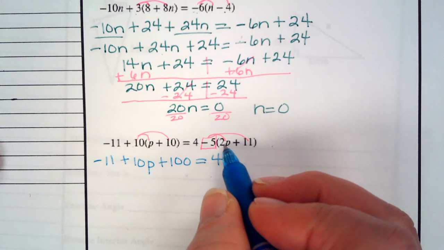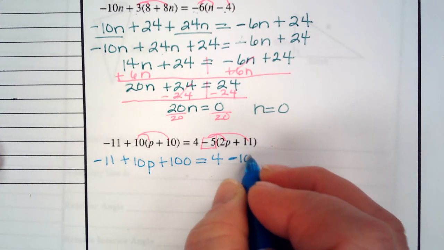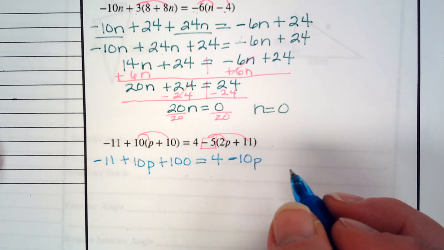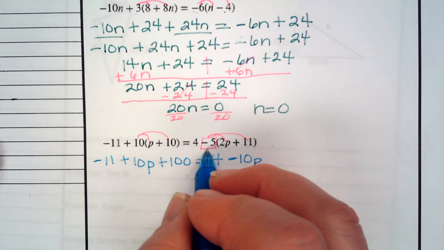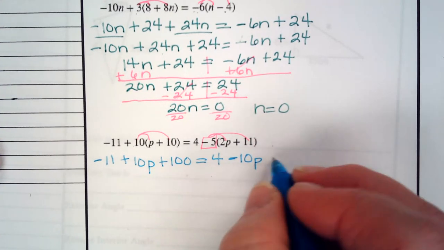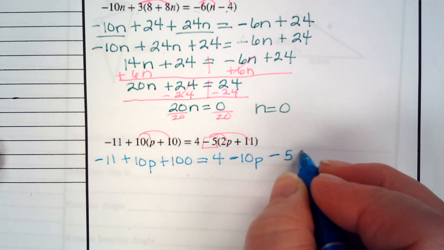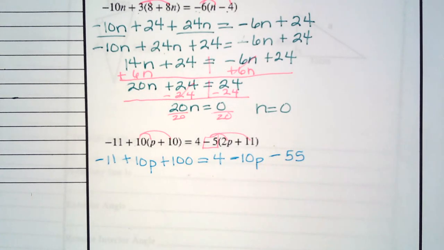Negative 5 times 2p is negative 10p. Negative 5 times positive 11. Negative times a positive is a negative. 5 times 11 is 55. Take a minute, go back through the distributive property, make sure you understand.